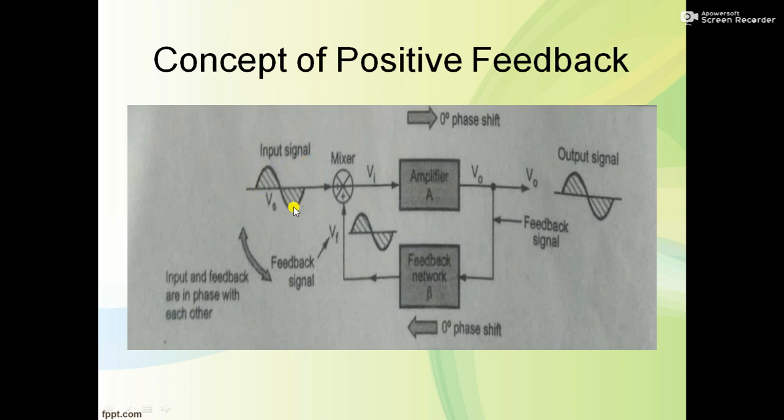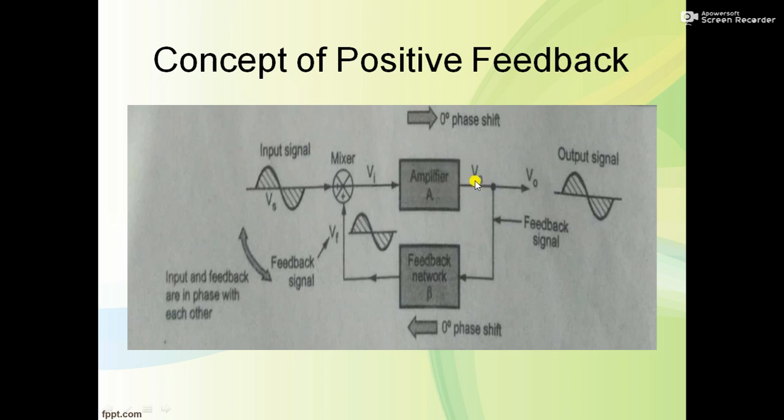This is your input signal, with positive and negative half cycles, and when you apply this Vs to this mixer, we get another input after the mixer, Vi, which is used as the input voltage of the amplifier block.